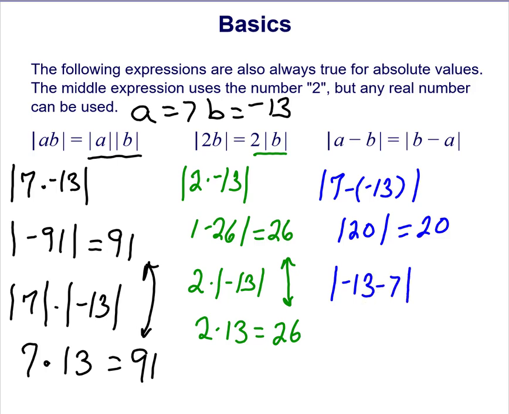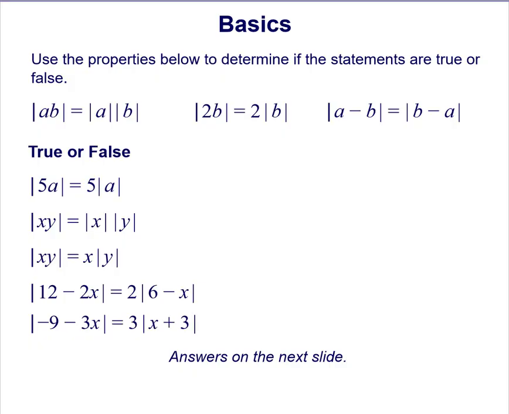Well, negative 13 minus 7 is a negative 20. And the absolute value of negative 20 is positive 20. And that too is equal. They're both equal to positive 20. So that also checks. So these rules right here are true for any real number. And by the way, this middle rule is true for any number besides 2. You can pick any real number besides 2, and this will work as well.